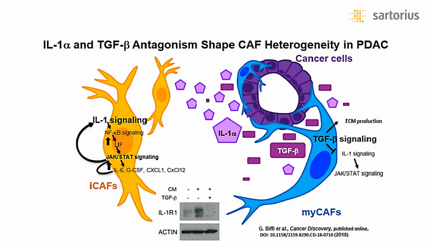And it turns out in a mutually antagonistic way, the TGF-beta pathway and the interleukin-1 pathway regulate the patterning of fibroblasts, at least in the pancreas cancer models that we're looking at in vitro and in vivo. And the real mechanistic sort of nuts and bolts Western is on the bottom, where interleukin-1, which is present in the conditioned media made by cancer cells, upregulates the expression of its receptor, the interleukin-1 receptor.